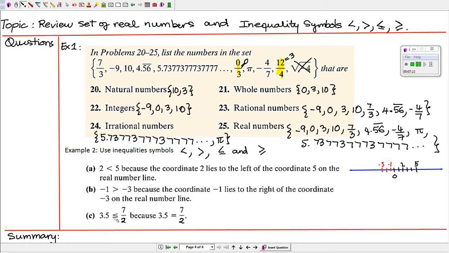Let's move on to part C. 3.5 is less than or equal to 7 over 2. Basically, 7 divided by 2 is also 3.5. So when you have less than or equal, it means that either one of the tests must be true. So in this case, 3.5 equals 7 over 2.